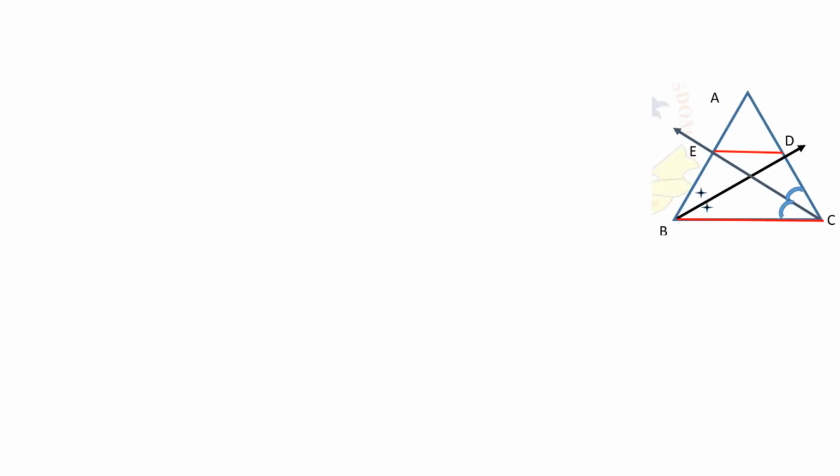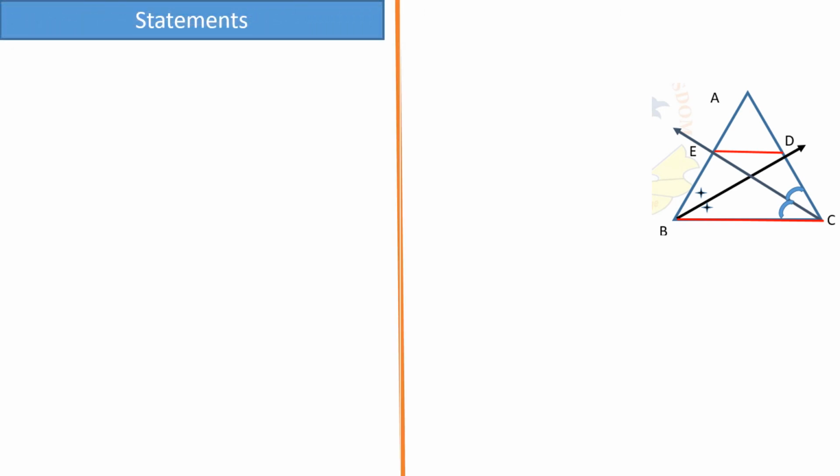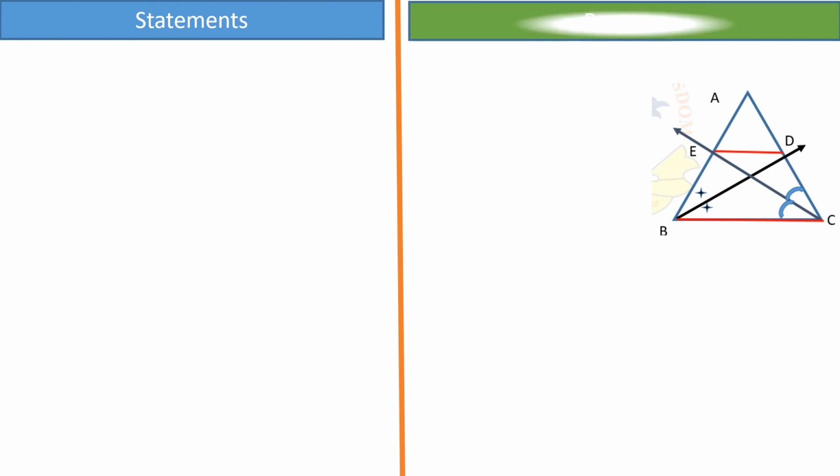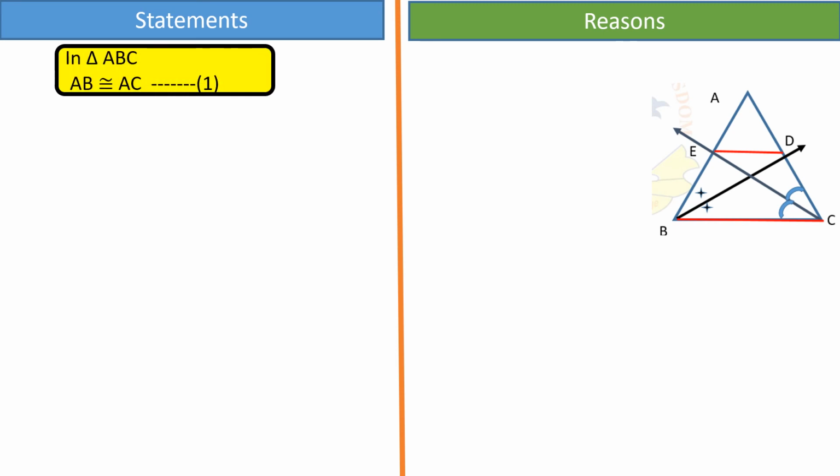Let us prove this. You can see the diagram on the screen. Again we have divided this into two parts. On the left hand side we will be writing statements and reasons for the same on the right hand side. Now we know in triangle ABC it is given that AB and AC are congruent, so the reason will be given.